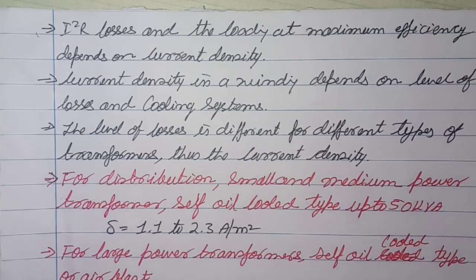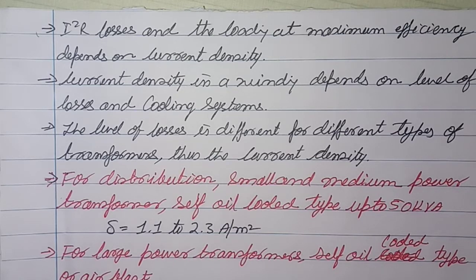The next one is the level of losses. As we know, they are different for different types of transformers. Here the type of transformer means the power transformer and the distribution transformer, on the basis of their application.